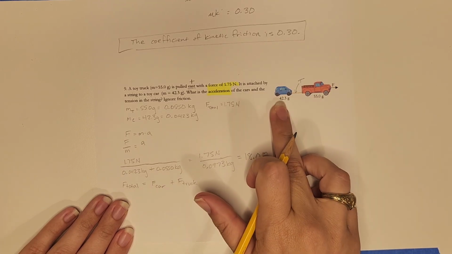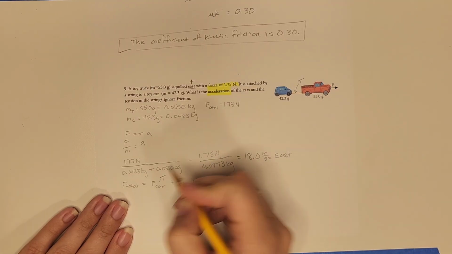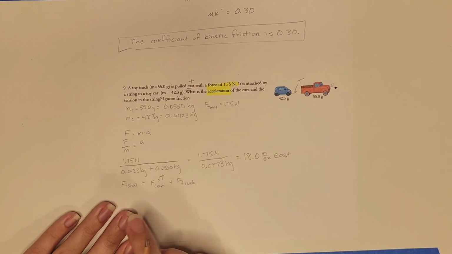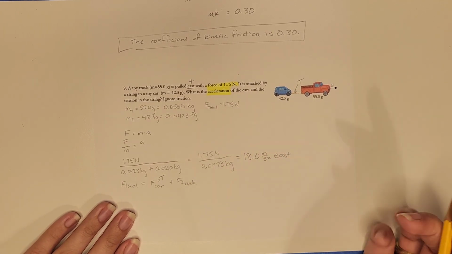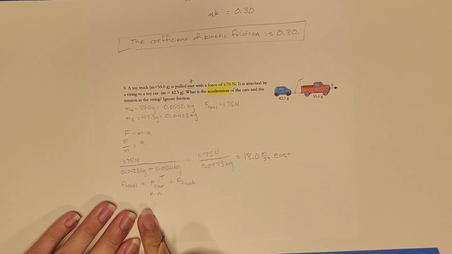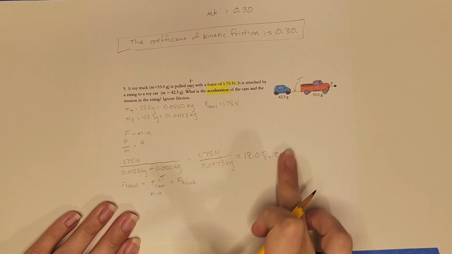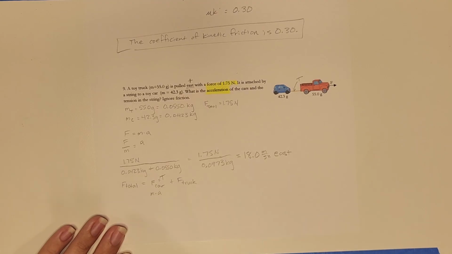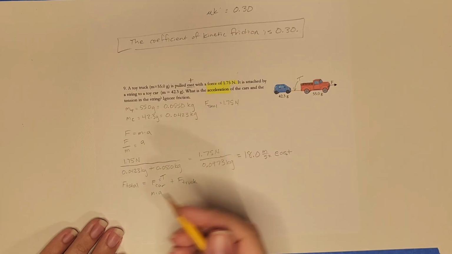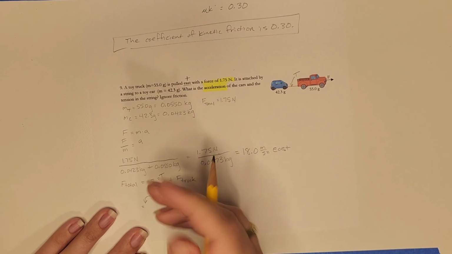But now we can also figure out the force on the car, which is the same as the tension. This is the force that's acting on the car, this rope pulling it. We know the acceleration, so we're just going to say force is mass times acceleration. We have the mass of the car, and we have the acceleration that both of these little vehicles are doing. And so we can determine the force that's acting on the car, otherwise known as tension. So mass times acceleration is what we're doing, not the total force.